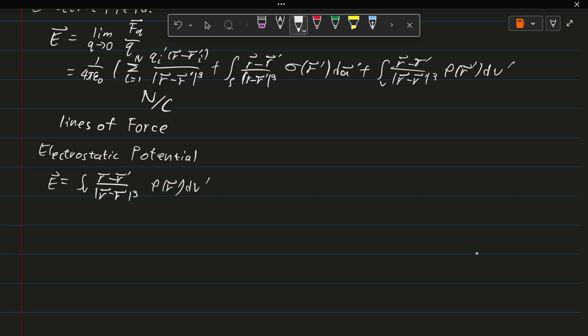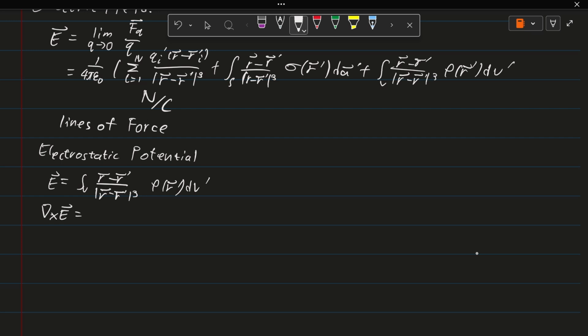And so we will try to consider what is the curl of such an electric field. If we observe this closely, the curl here only corresponds to the x, y, z, not the primed positions.